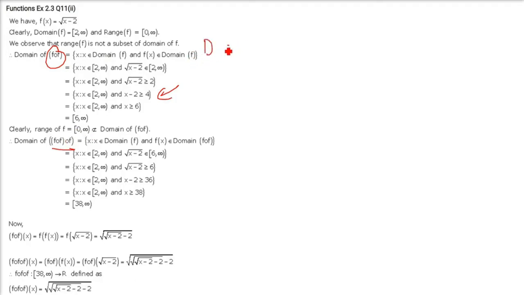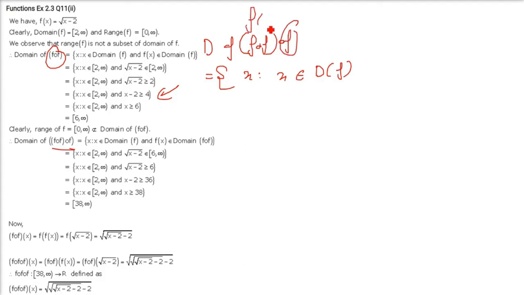So we will find out the domain of f o f o f, which is x such that x belongs to the domain of f, and x, now the function f x, belongs to the domain of f o f.